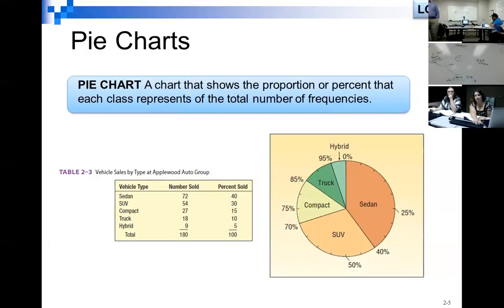Isn't the SUV 30%? Are you looking here? Yeah. You're looking here. The number sold was 54 and the percent sold is 30.